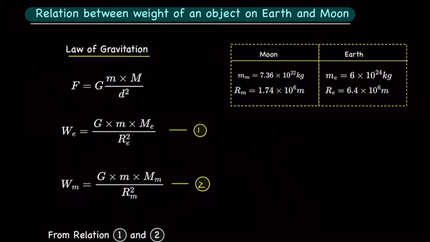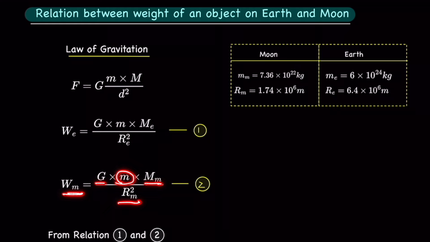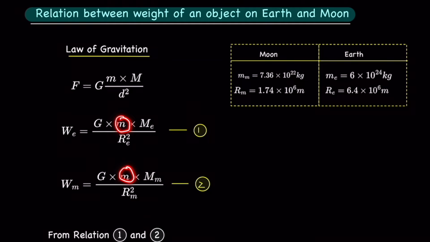In the same way, when the body is on the moon, weight is equal to capital G, mass of the body, into mass of the moon divided by the square of the radius of the moon. Here you see mass is not changing, because mass doesn't depend upon location. Mass remains the same.